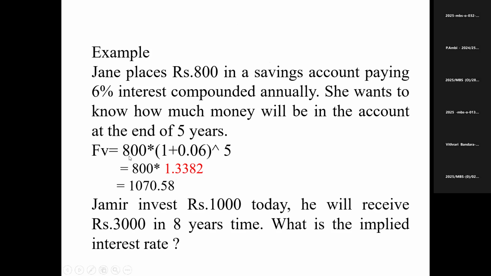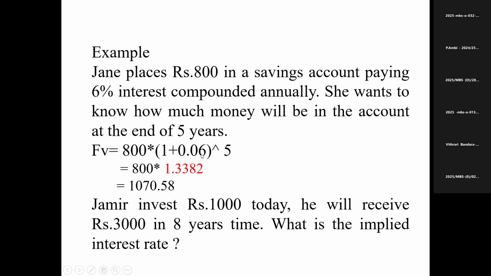I use the same formula: P naught, the principal value, or we can call it the present value, today's value, multiplied by (1 plus i), where i is the interest rate, 0.06, to the power n, where n is 5 years. In the table, the future value interest factor for 5 years at 6% is 1.3382.